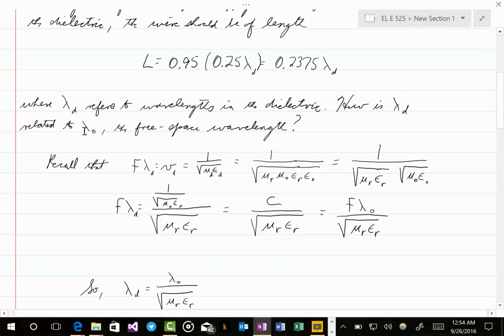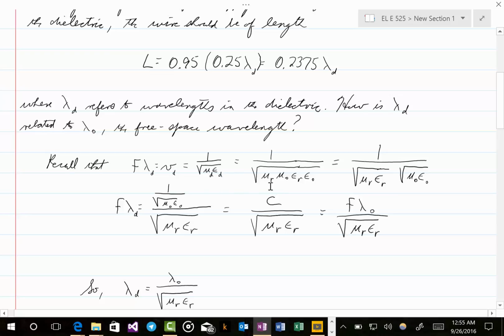Okay, so we have f lambda d is equal to v sub d, and that's equal to 1 divided by the square root of mu d epsilon d. Mu d here is the permeability of the dielectric medium, and epsilon d is the permittivity of the dielectric medium.